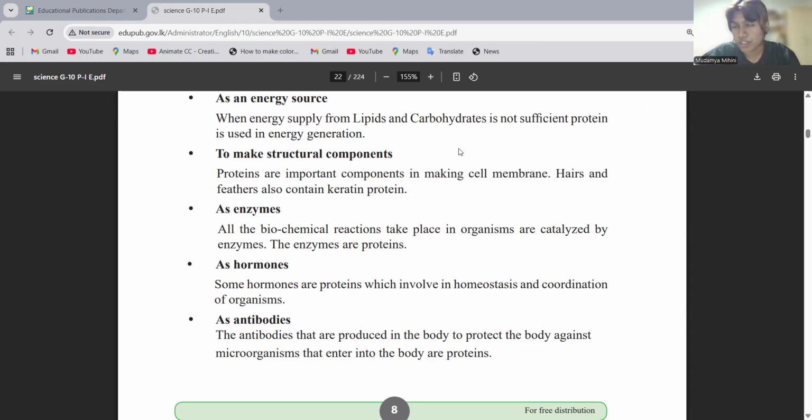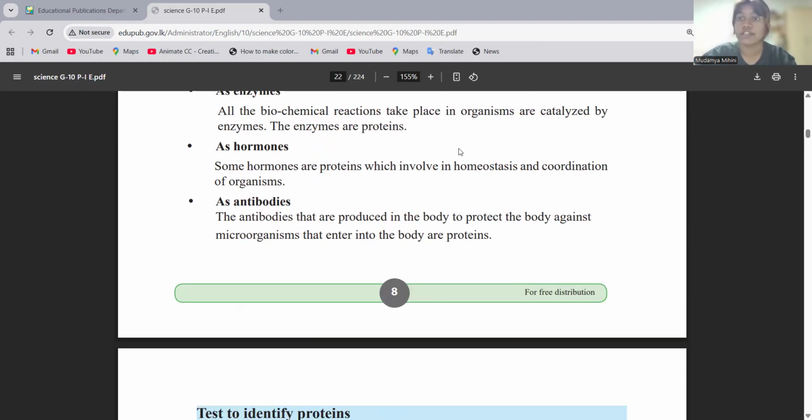And as antibodies, you guys know what antibodies are, right? I remember when I was in seventh or eighth grade, we learned about antibodies. So antibodies are this stuff that's produced in our body to act against the diseases or microorganisms that might enter our body.